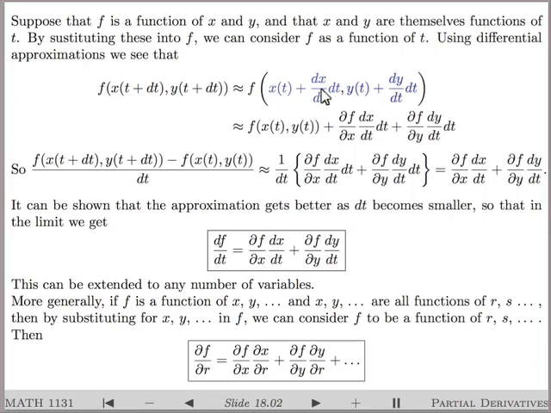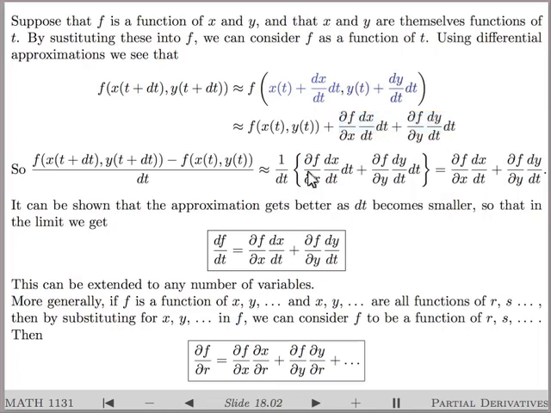Since x changed by dx over dt times dt, it causes f to change, and that change is approximately the partial of f with respect to x times the change in x. There's a change also due to y, and that's approximately the partial with respect to y times the change in y. So altogether we see that this is the change in the function f.